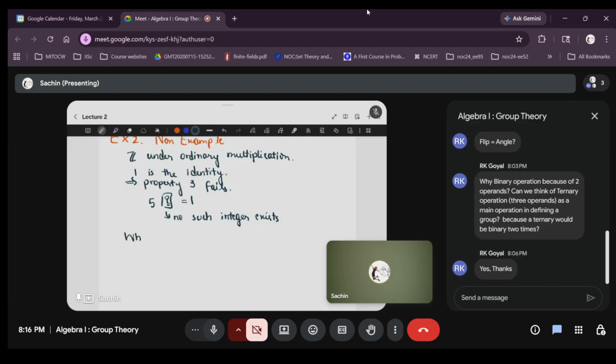Then we said that it is not a group because fractions are not included in integers.